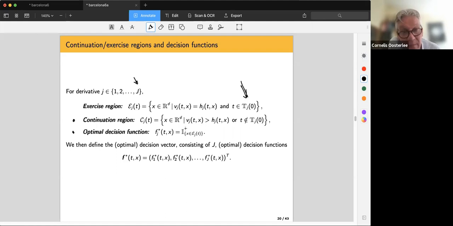Based on those, we can come up with the stopping time. The first time we switch from a 0 to a 1 could be the optimal stopping time for a specific X value. So we have an optimal decision vector consisting of capital J optimal decision functions. And these are, as I mentioned, multi-dimensional 0s and 1s.